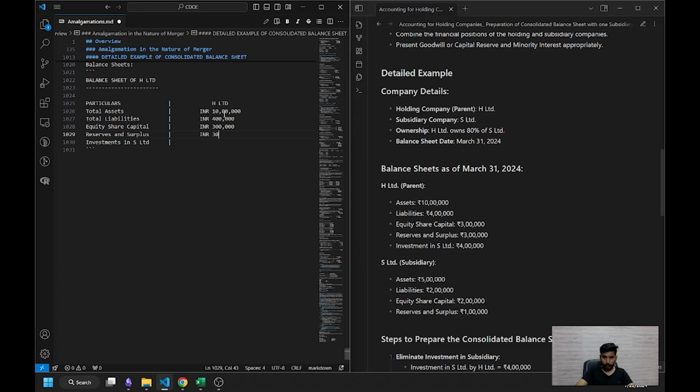Reserves and surplus is rupees 3 lakhs. And the investments in S Limited is rupees 4 lakhs. And this is pretty much it regarding the investments for the balance sheet.